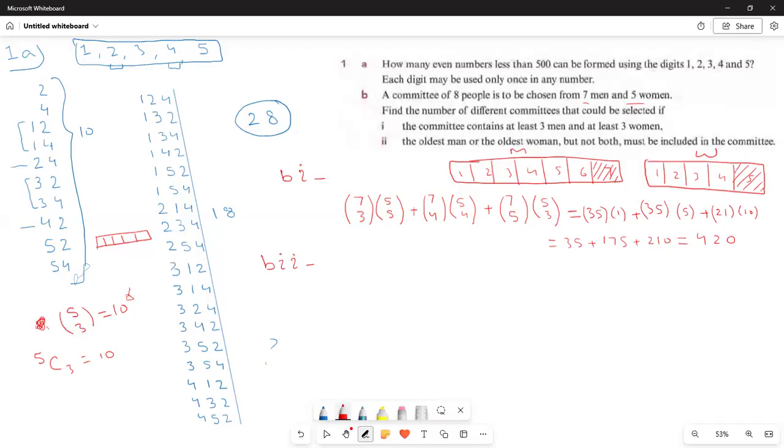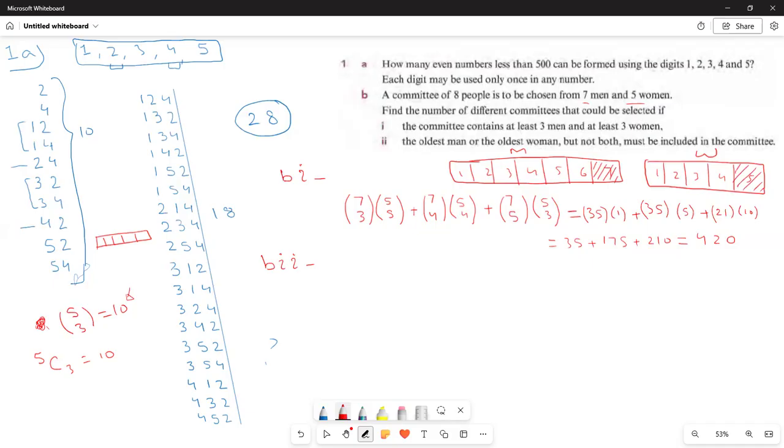Okay. So let's assume that first I want to include the oldest man. So if I include the oldest man, and I choose 2 more men from here, so 3 men and 5 women. I cannot do this because when I include 5 women, then the oldest woman will also be included. So I cannot do this, right? So I cannot make 3 men. I have to make 4 men, right?